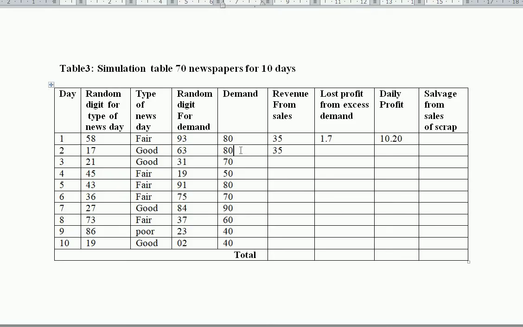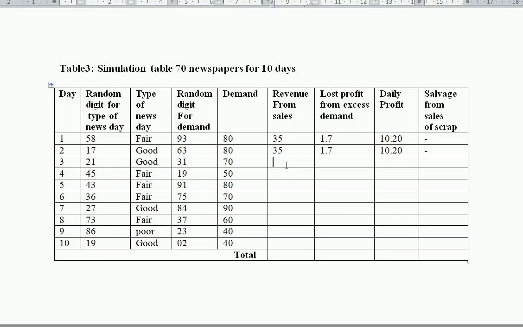So the lost profit is 10 newspapers into 17 paisa, which is 1.7, and the daily profit is again 10.20. There are no scrap papers on day 1 or day 2.